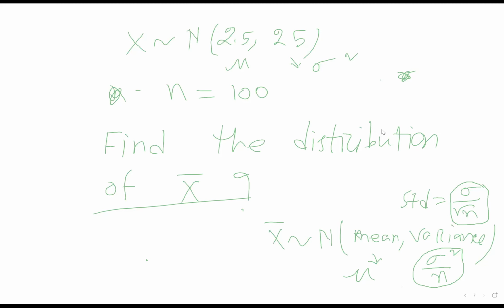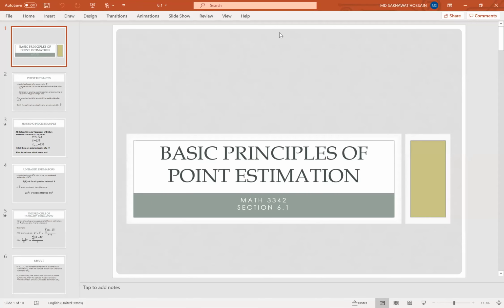Okay, so we're done with chapter 5. Now we'll start chapter 6, and we'll only cover one section from this chapter. The basic principles of point estimation, which is section 6.1. So first we need to know what is point estimation.